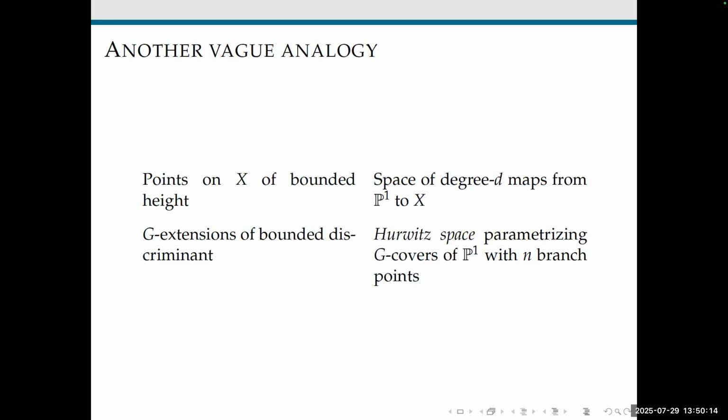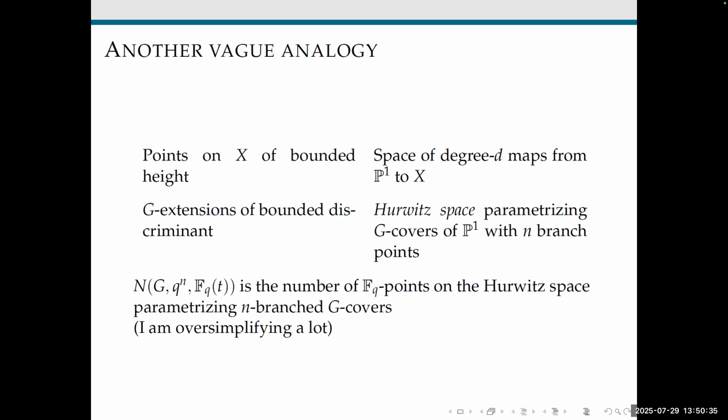But you can agree that on the right-hand side, in both cases, we have a family of spaces which get more and more complicated as the degree gets big on the top, and as n, the number of branch points, gets big on the bottom. And we're asking questions about the asymptotic topology of these spaces.